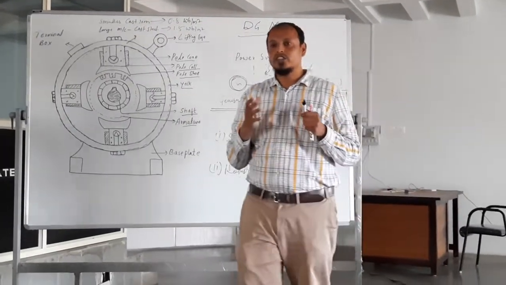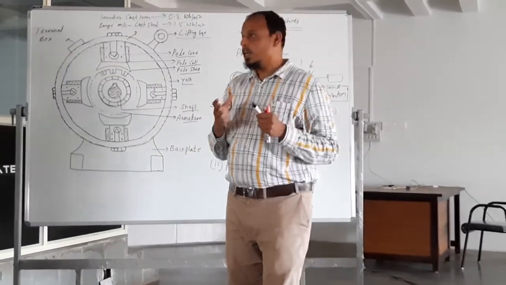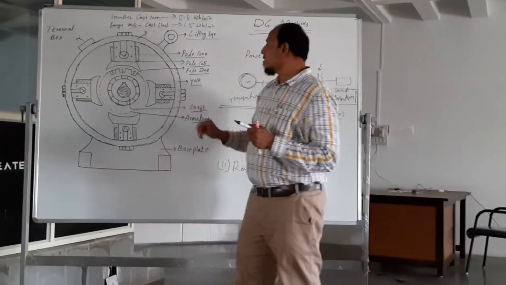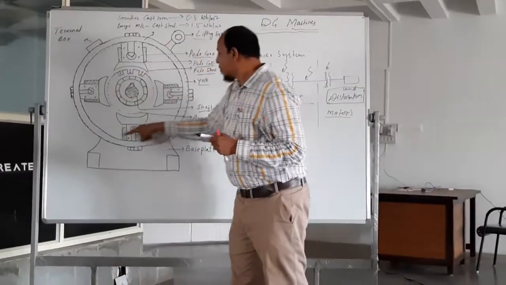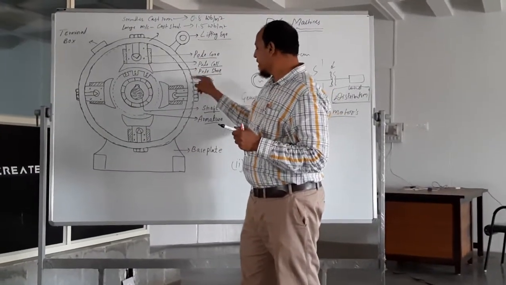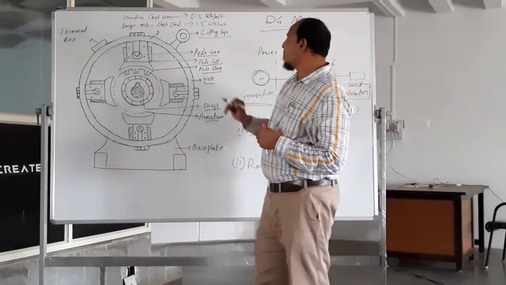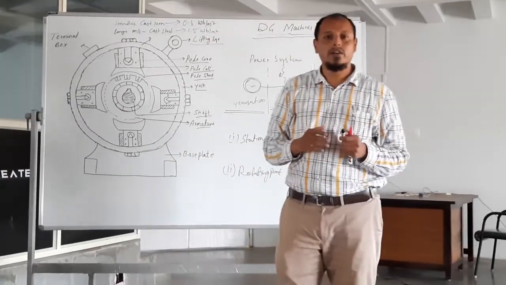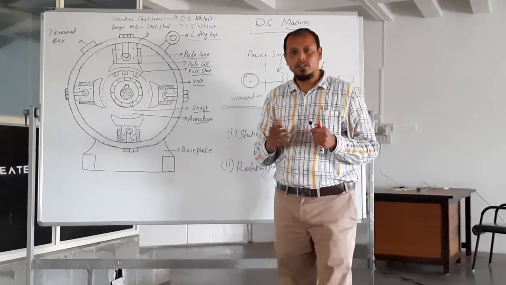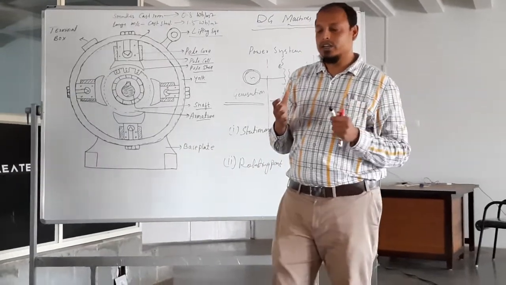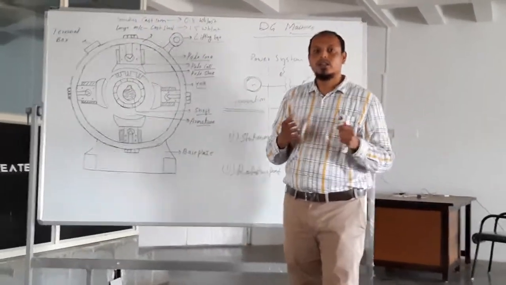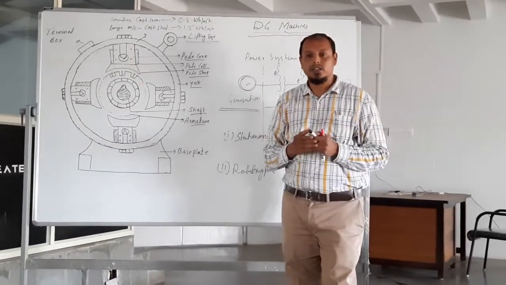If for larger machines we use cast iron as the yoke, which is the outer periphery and cylindrical in shape, then the size of the machine increases, its weight increases, and the space required for installing the generator or motor also increases.